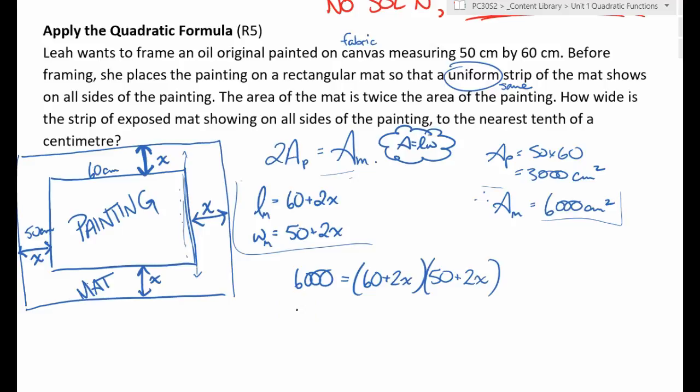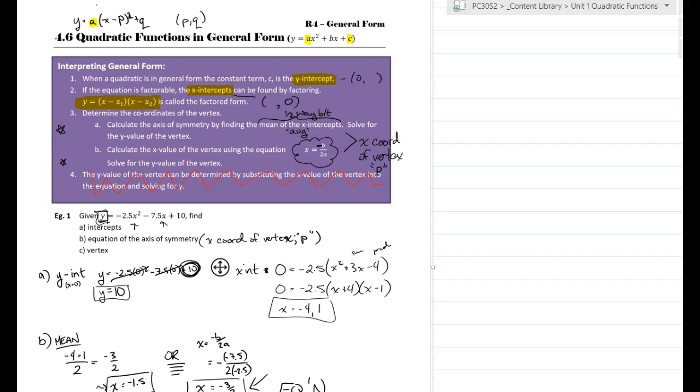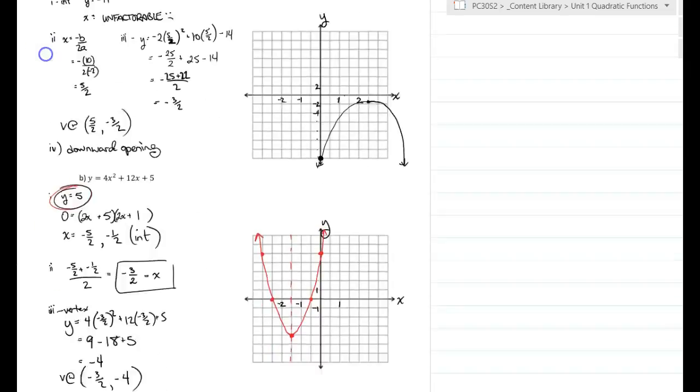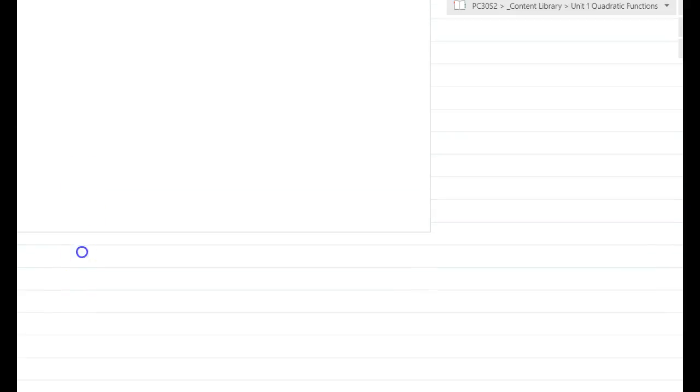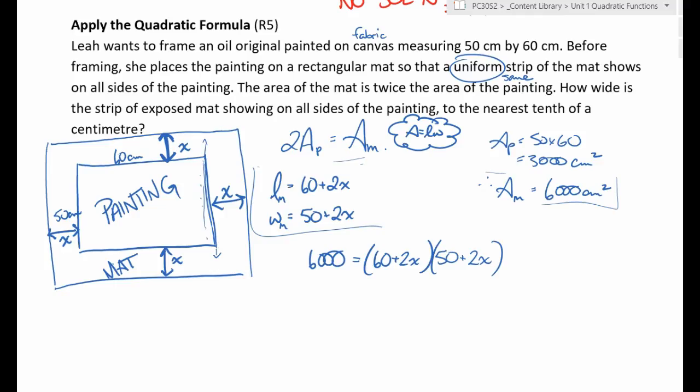I've got the possibility of factoring, of getting it in vertex form and then using square roots or radicals to solve it, or now I have the option of using my quadratic formula to solve for x. So let's see which one this lends itself best to.